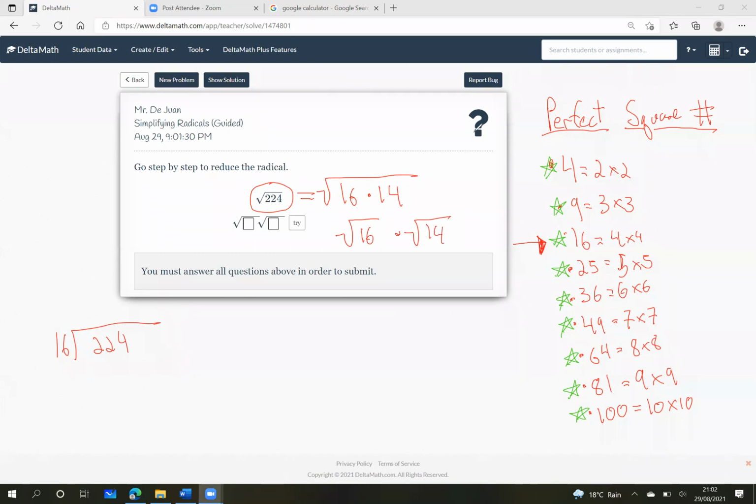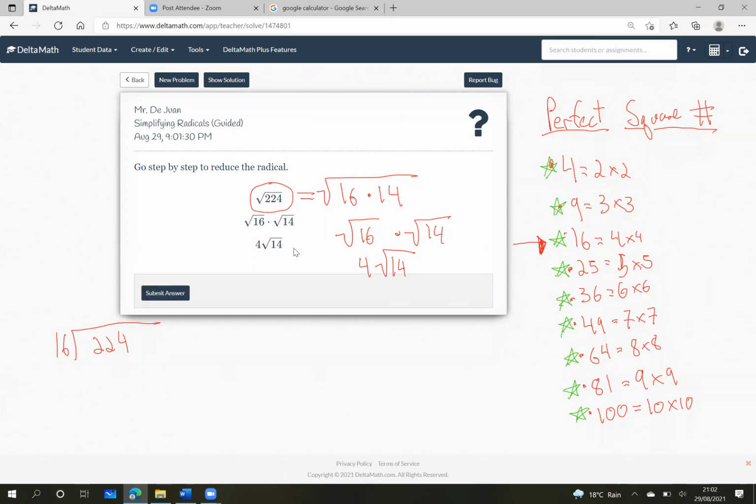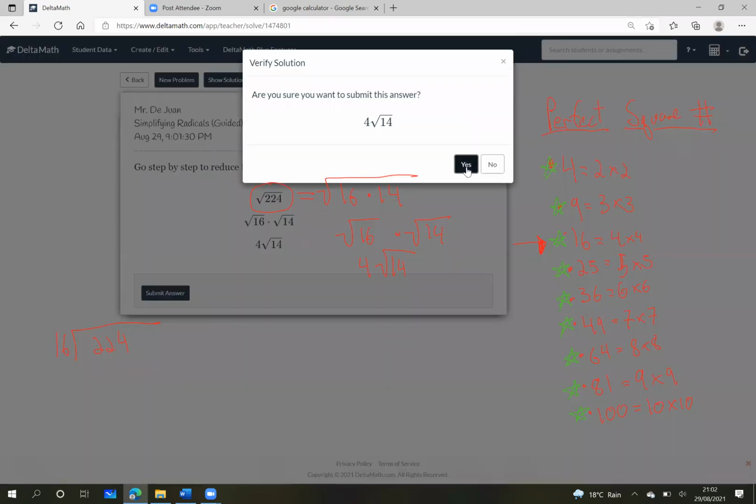Let's type that in to make things simpler. 16 and 14. Try it. Square root of 16 is 4. Square root of 14 can't really be simplified anymore. So 4 and 14, and we can submit this answer.